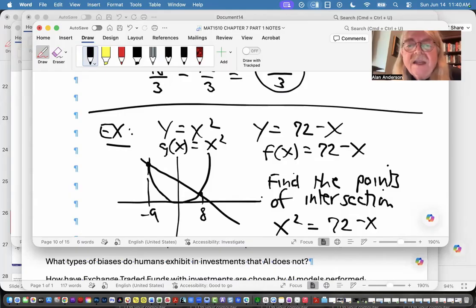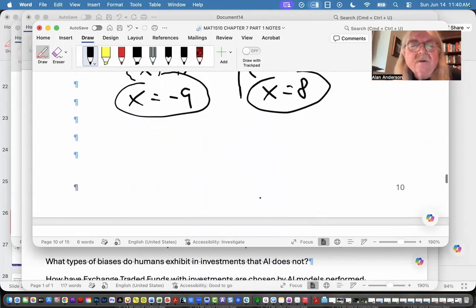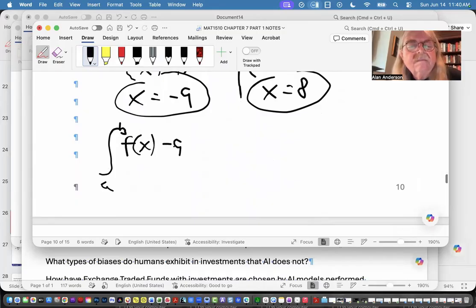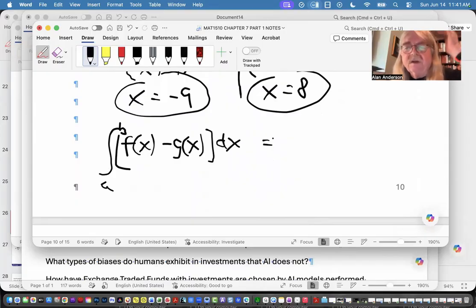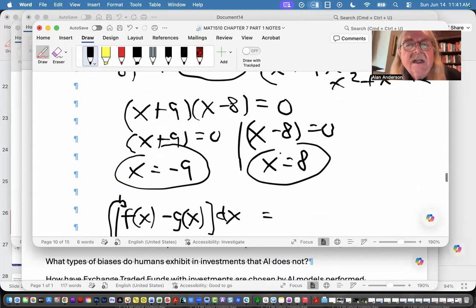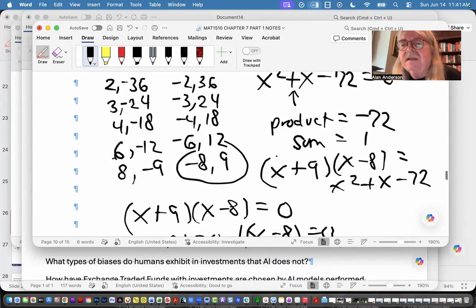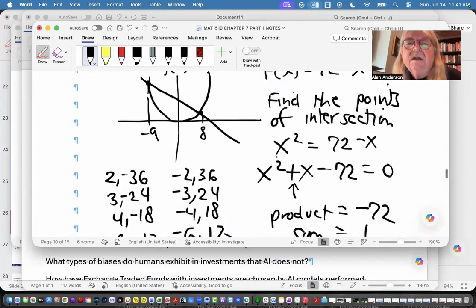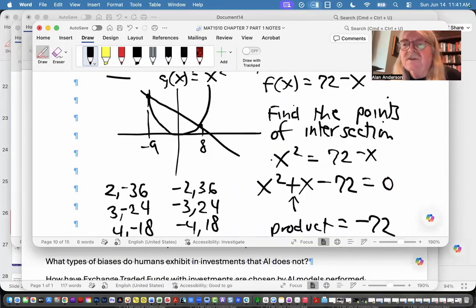All right. So now what are we going to do? Well, we're going to integrate. And of course, I made sure that the f of x is the one on top. And also, we know that they're continuous. Any polynomial, there's a theorem in calculus that says that all polynomials are continuous everywhere.